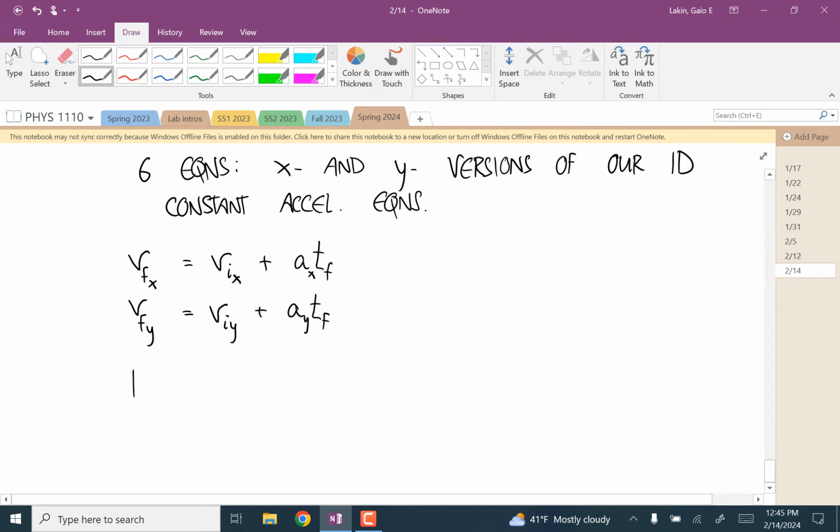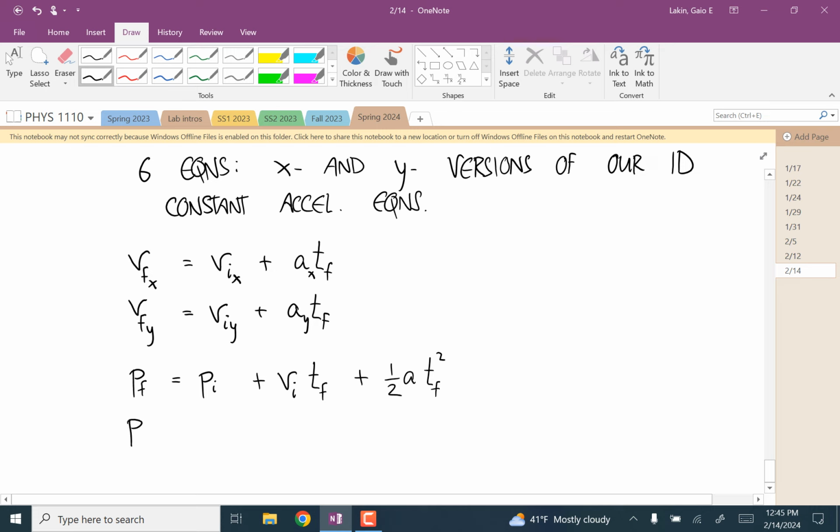Then next we have the PF equations. So PF is equal to PI plus VI TF plus 1/2 A TF squared.